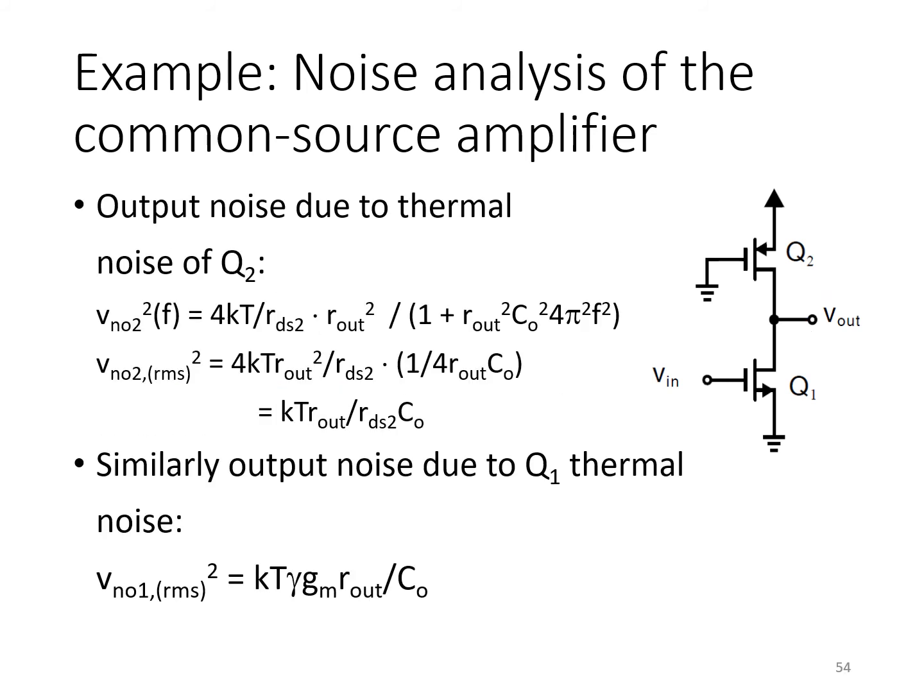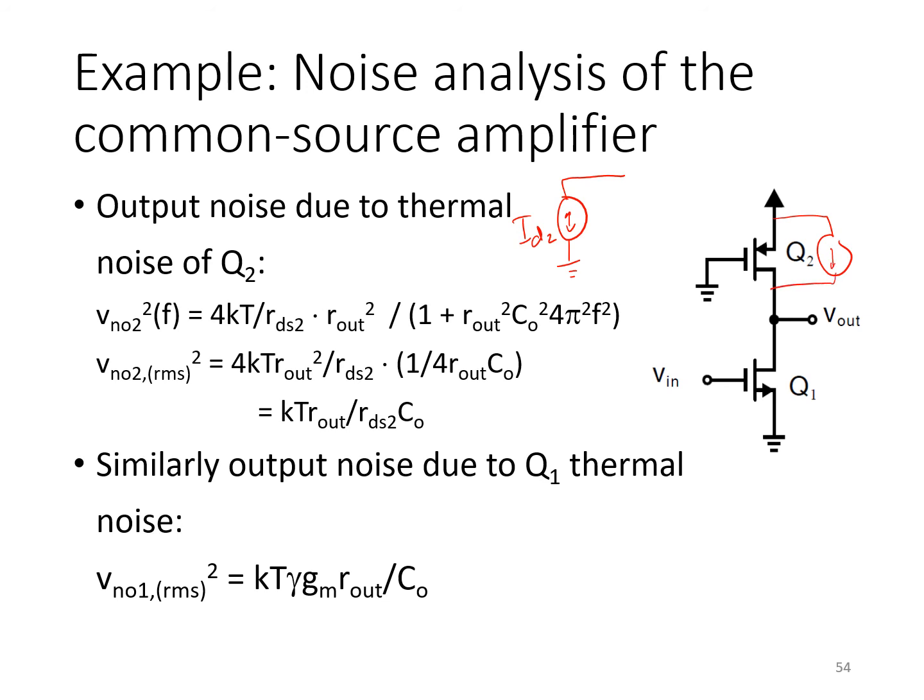First, let's consider the output noise due to the thermal noise of transistor Q2. So if we want to simplify a small signal model for this, we've got the thermal noise current of Q2 here.